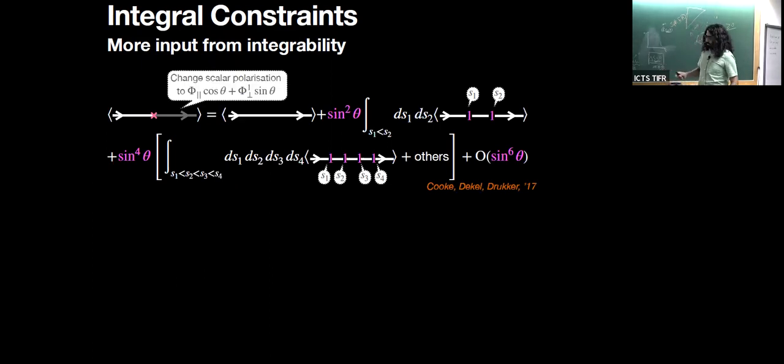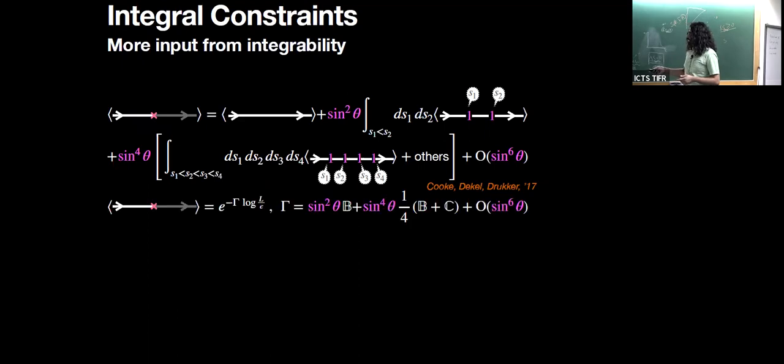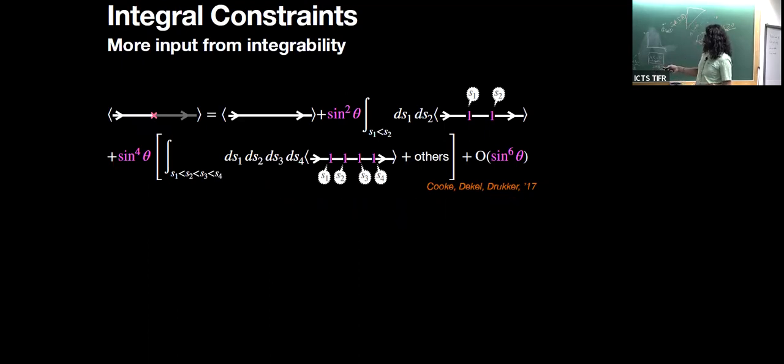Now this change in scalar polarization gives you kind of a cusp in R space. And this cusp line in R space can actually be resummed. It can be written as just the straight line plus an insertion of displacement operators integrated over the line.